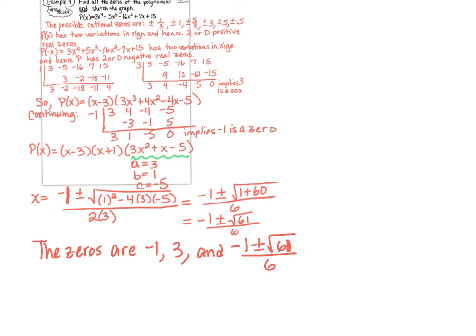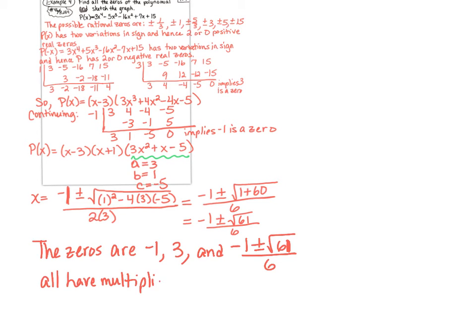What's the multiplicity of each zero? 1. All the zeros are there and they all have multiplicity 1.